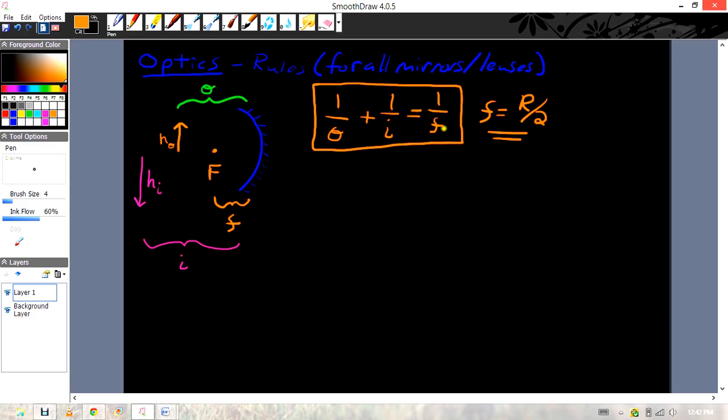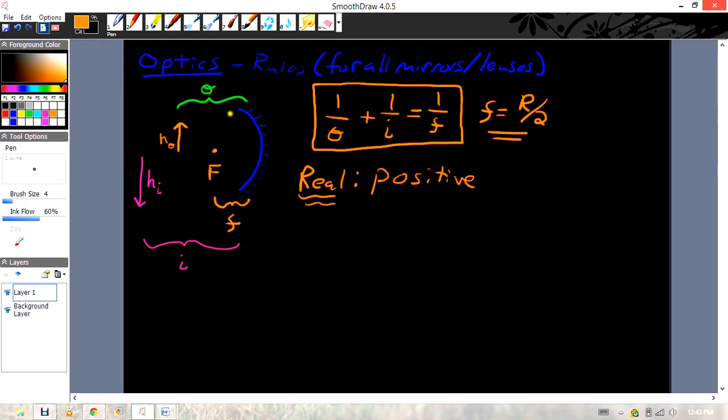I cannot emphasize enough how important this is, and it is the summary of optics and all mirrors and lenses: keeping track of positive or negative. Here's how you do it. If it's real, and I mean real, meaning it actually exists, it's positive.